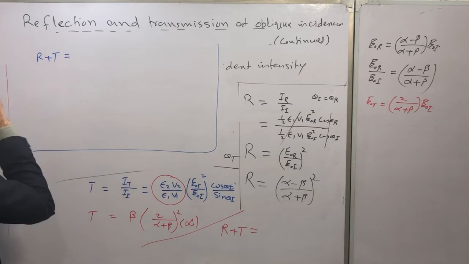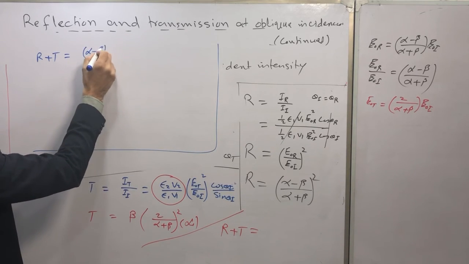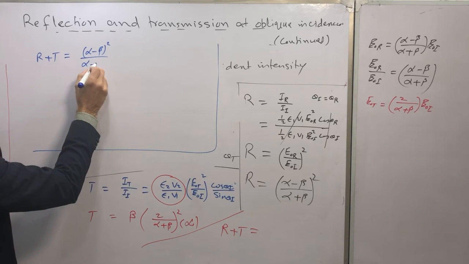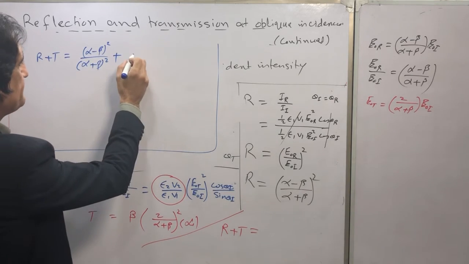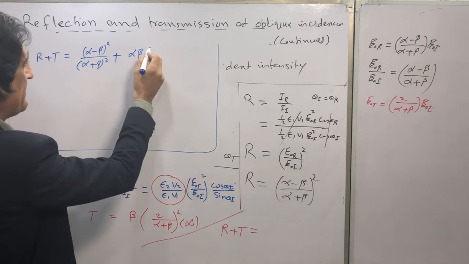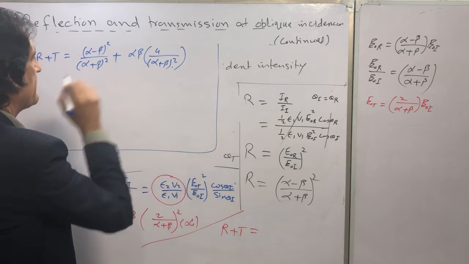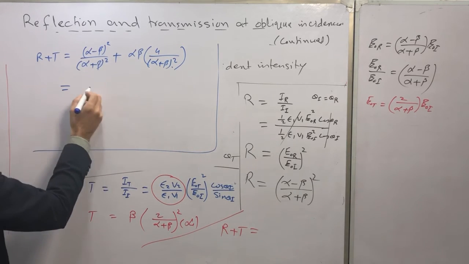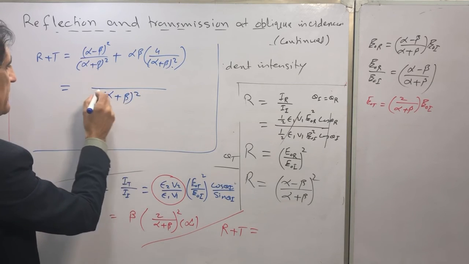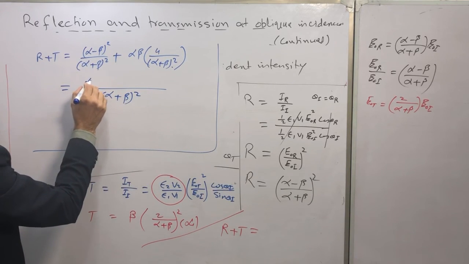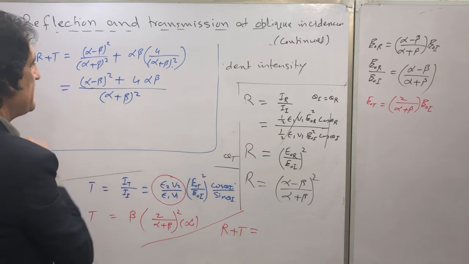R plus T is equal to, we know R, alpha minus beta whole square divided by alpha plus beta whole square, plus this one, alpha beta, and this is 4 divided by alpha plus beta whole square. And from this we can take the LCM, which is alpha plus beta whole square, and the numerator is alpha minus beta whole square plus 4 alpha beta.